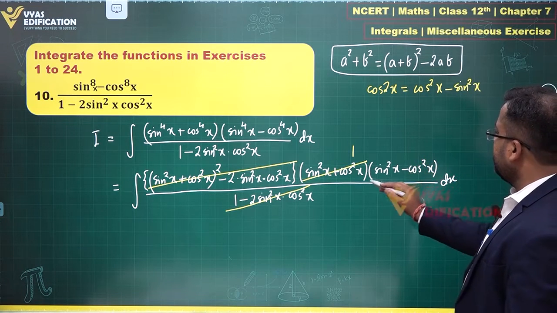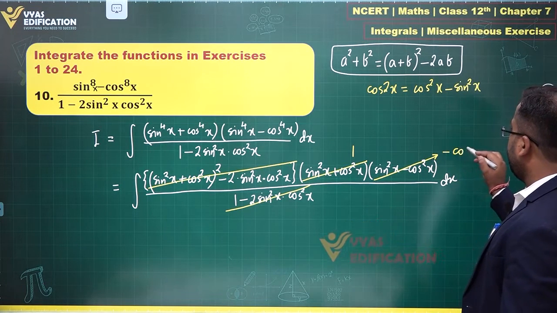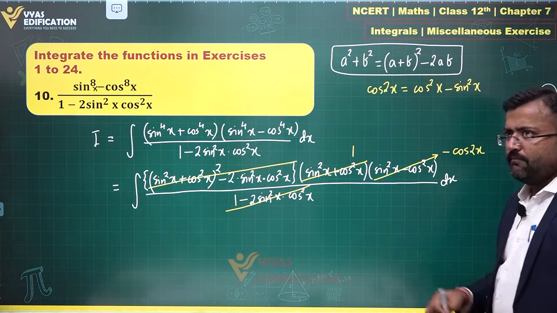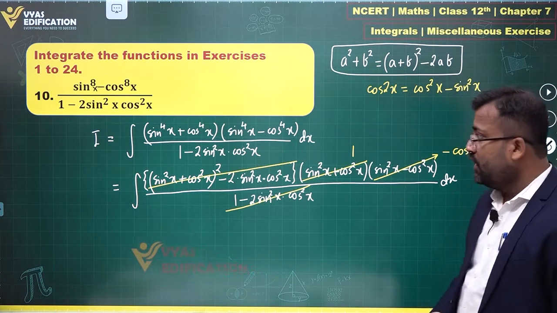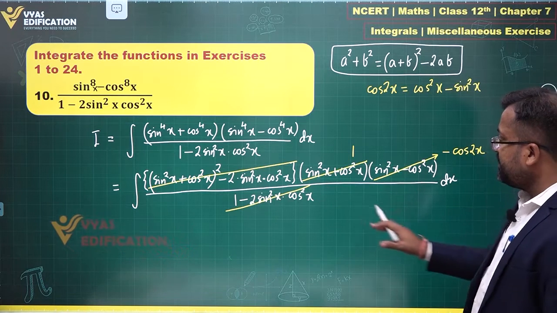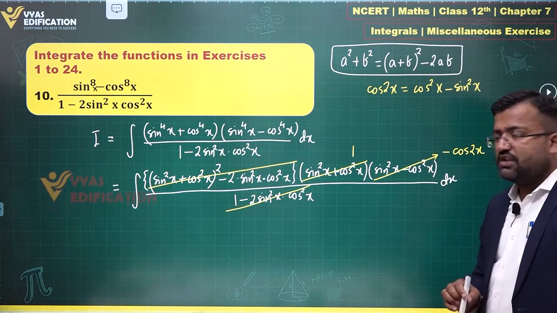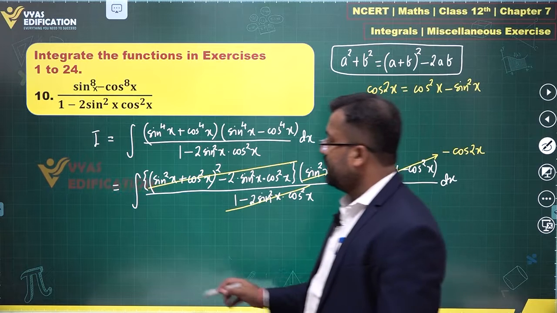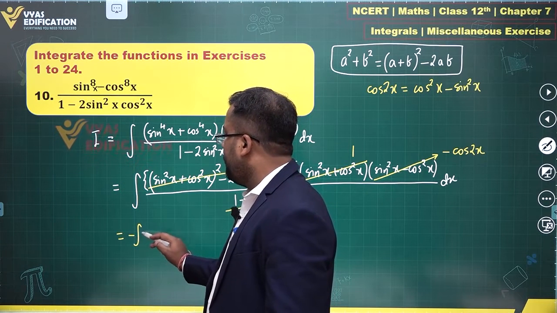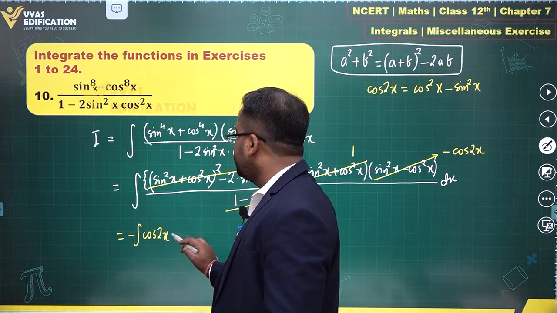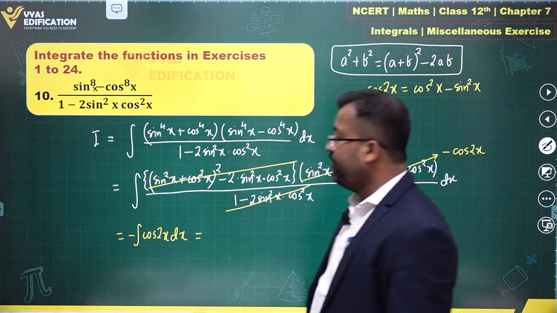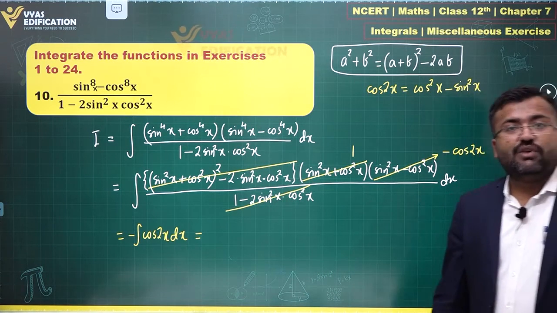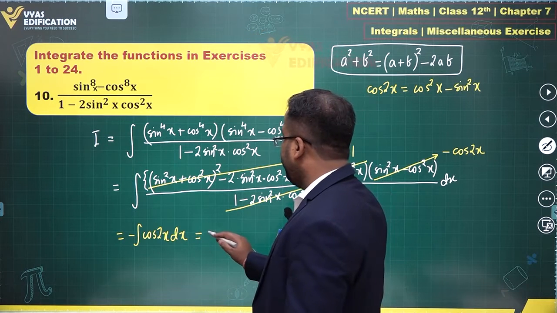So this is nothing but minus of cos 2x, negative of this. The whole expression basically simplifies to minus of cos 2x. Integral of minus cos 2x dx is what you're looking forward to. And what's the integral of cos 2x? That's simple, sin 2x by 2.